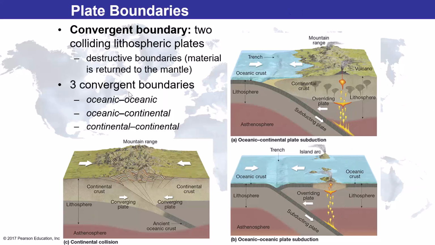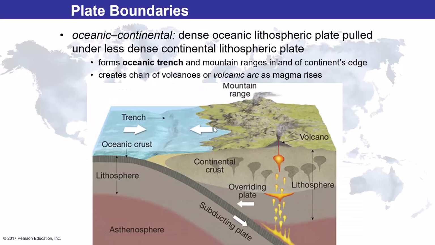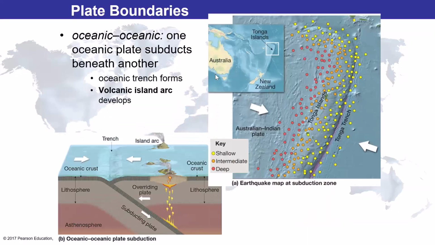So the three different converging boundaries that we can see are going to be oceanic to oceanic, oceanic to continental, as well as continental to continental. So we just talked about this forms an oceanic trench, and when the plate is subducting, this can create volcanoes and volcanic arcs as the magma rises to Earth's surface.